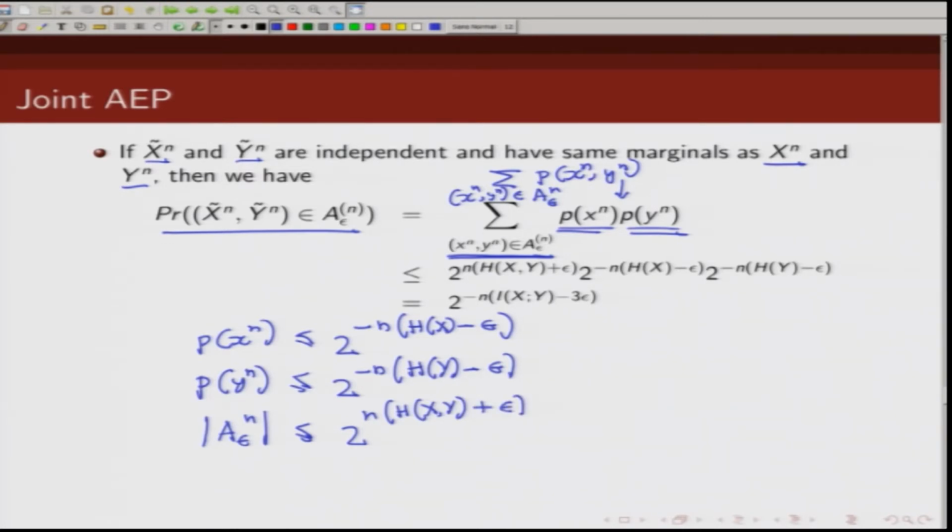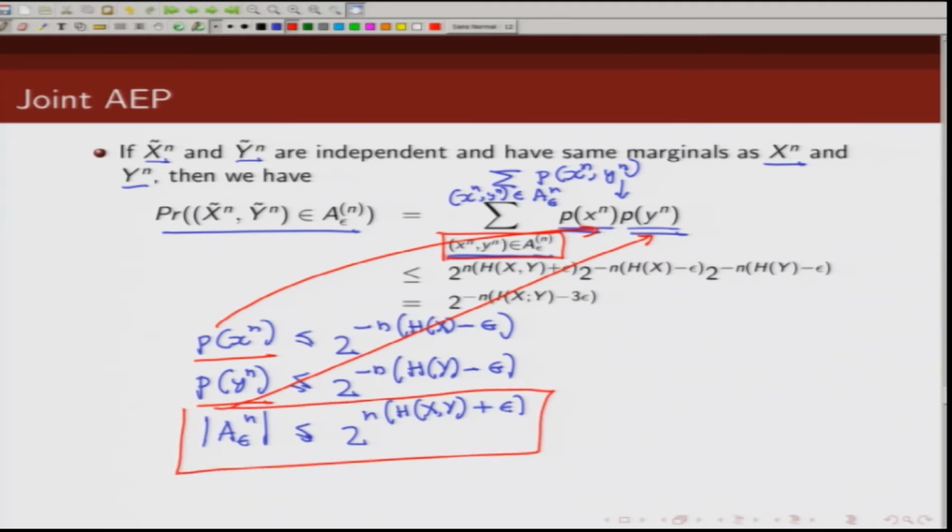So if we plug in these values of p of x^n, p of y^n here, and sum over all x^n, y^n belonging to this jointly typical set, whose number of elements is upper bounded by this, what we get is this term, which we get from the upper bound on the number of elements in this jointly typical set, this term which we get by upper bounding the probability of x^n, and this we get from the upper bound on p of y^n.